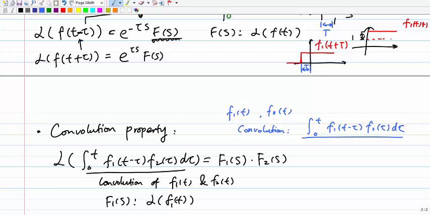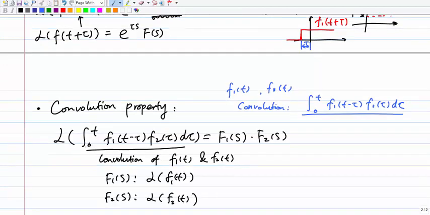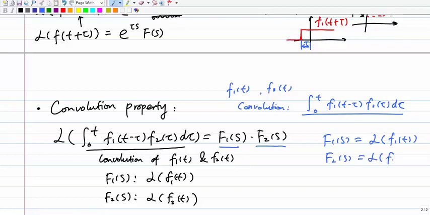For convolution, the Laplace transform of the convolution is given by F1(s) times F2(s). It's pretty simple. F1(s) is just the Laplace transform of f1(t), and F2(s) is the Laplace transform of f2(t).